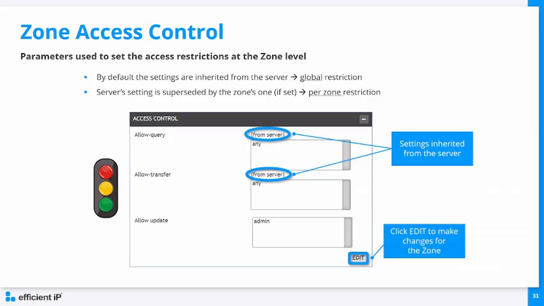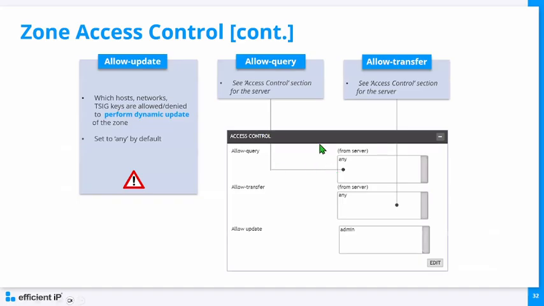If you don't want to use the server's access control for a particular zone, you can go to the zone and edit it. Whatever you edit at the zone will take precedence. So here you can allow update, which clients can register their name to the zone, which clients can query the zone, and which servers are allowed zone transfer on the zone.